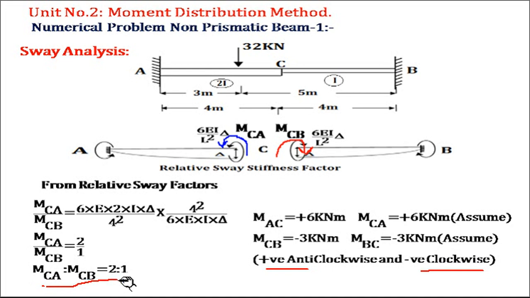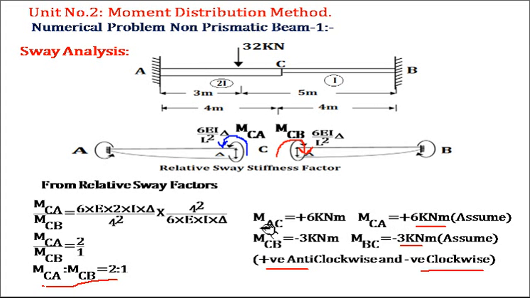That means if you take the value of moment in member CB as 3, then we have to take the value in member CA as double of it, that is 6. So here we have chosen the value of moment in member BC as 3 and CA as 6.